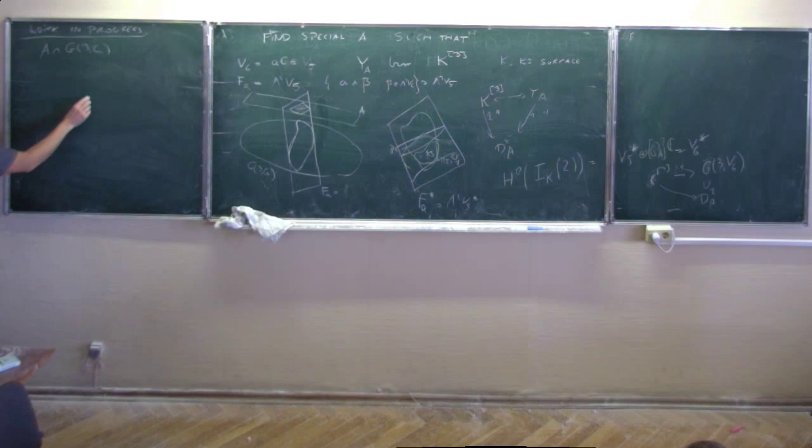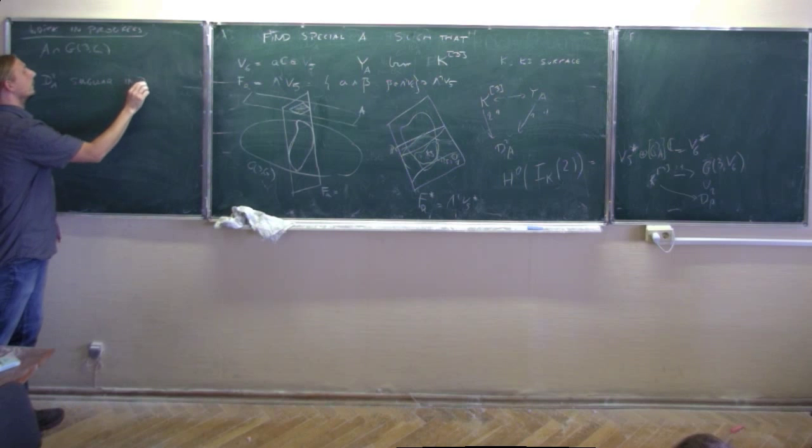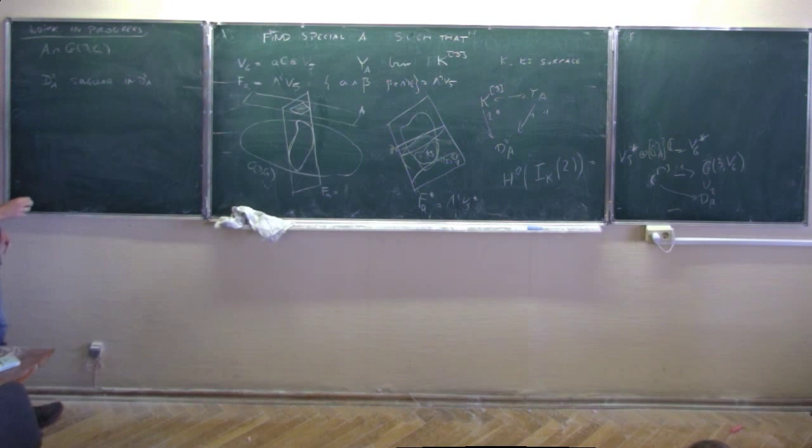Then we figured out that this D2A is in fact singular not only in D3A, but it's also singular in the intersection of D2A with a cone over P2 cross P2.